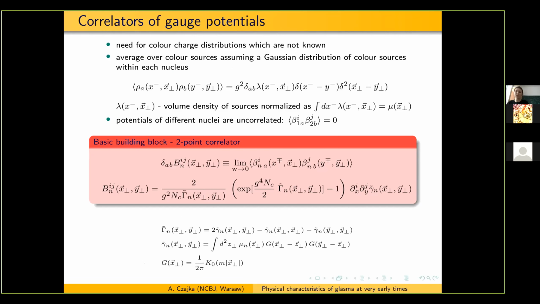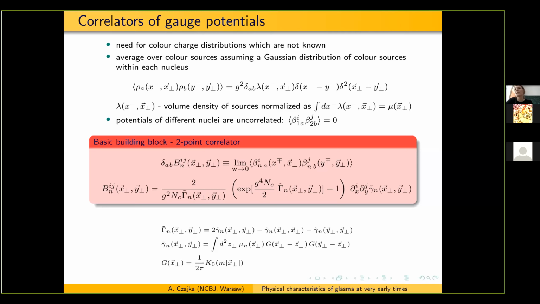So we actually know how to study glasma. But let me for a moment go back to one nucleus, because we need more insight into how to describe one nucleus to get any information about glasma. We know that color charge distributions are not known, and we need to somehow average over color sources. So we assume a Gaussian distribution of color sources within both nuclei.